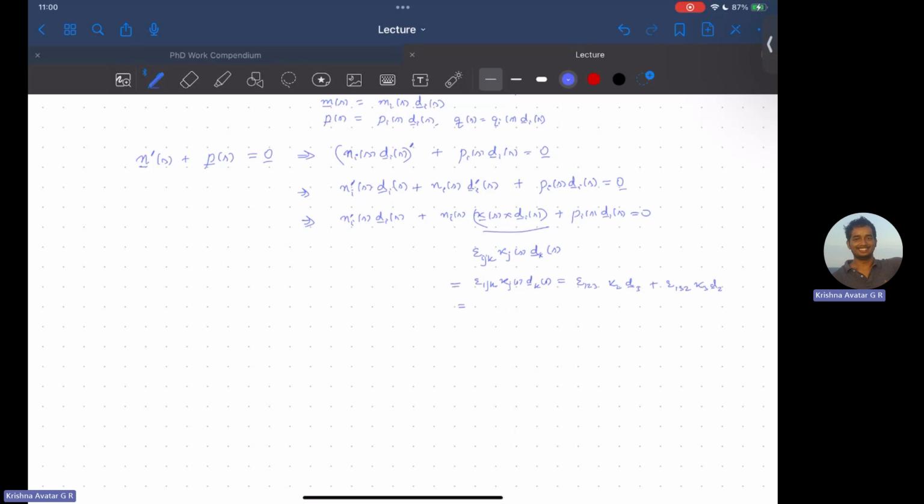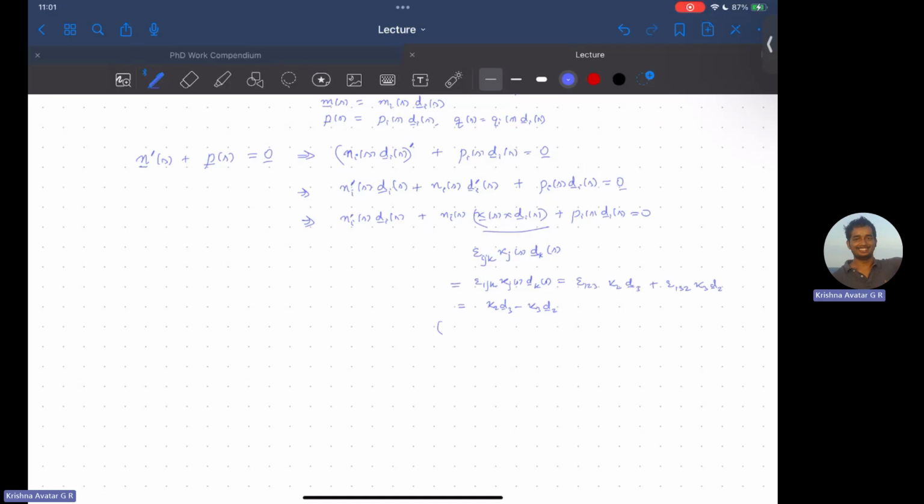So we can write it as kappa 2 d3 minus kappa 3 d2. That is the property of this permutation symbol.